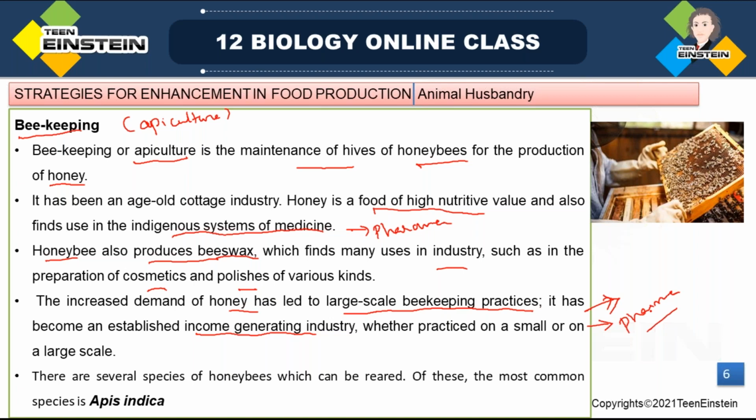And you know one thing, there are several species of honeybees, and trading can be done. The most common one which we are using is Apis indica.